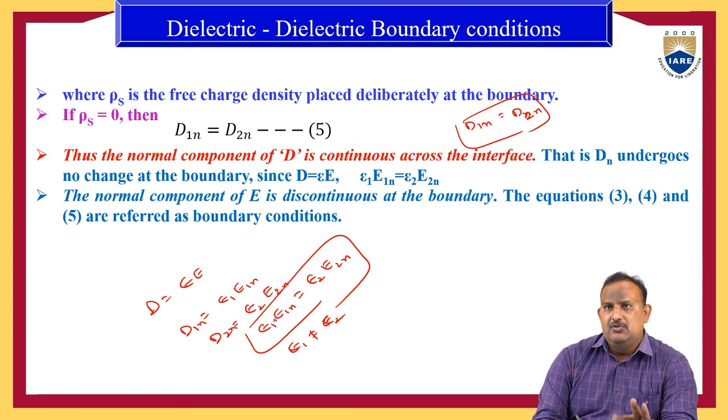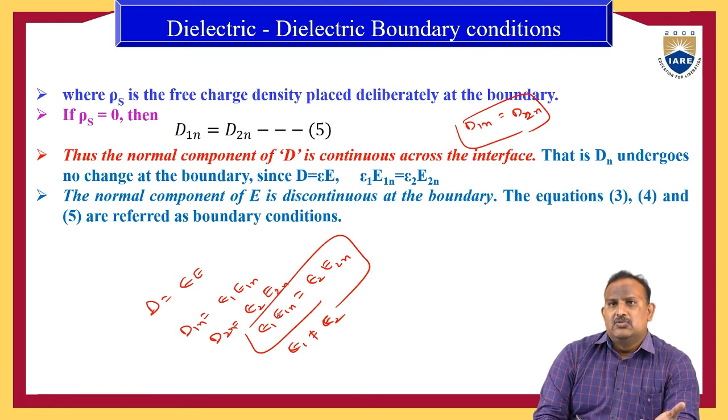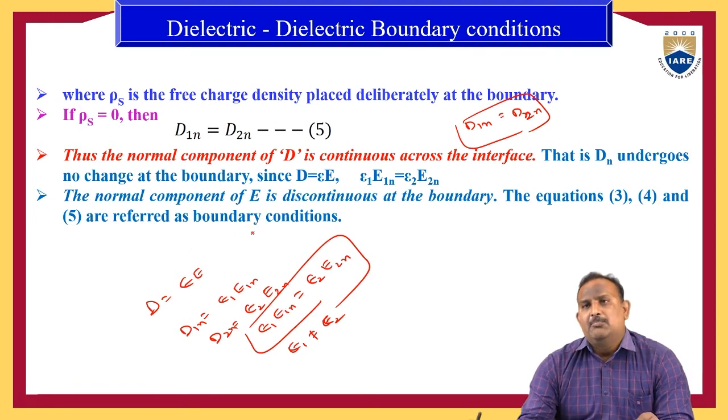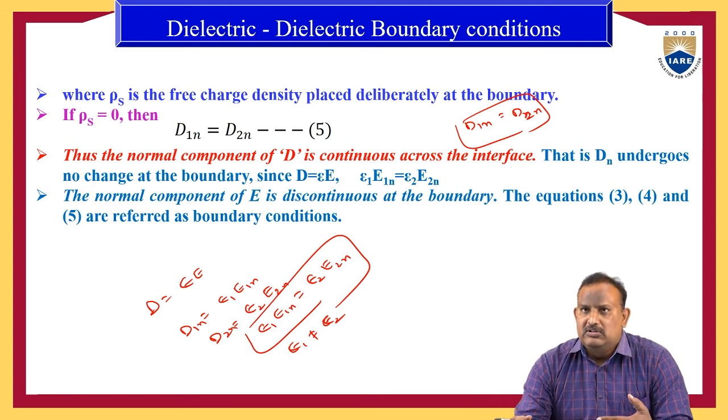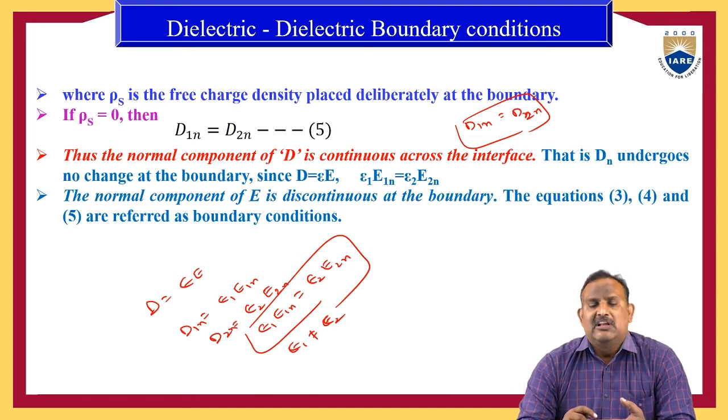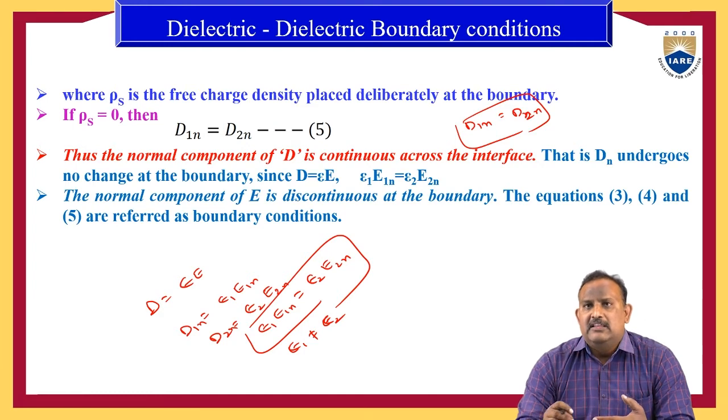Therefore, we have some discontinuity at the boundary. So we can conclude that the normal component of electric flux density is continuous at the boundary, and the normal component of electric field intensity is discontinuous at the boundary.